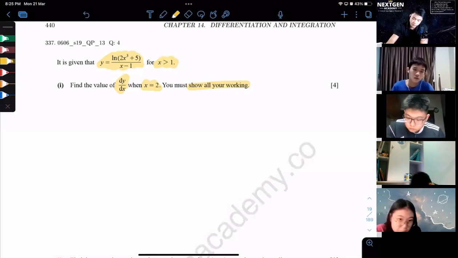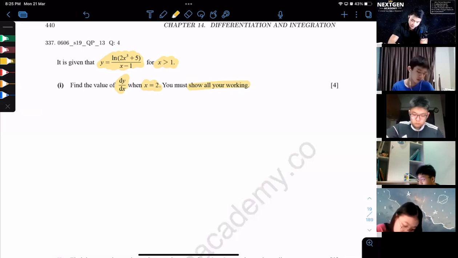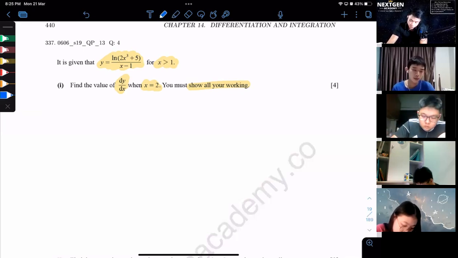Okay, let's do this one first. So we need to use the quotient rule.